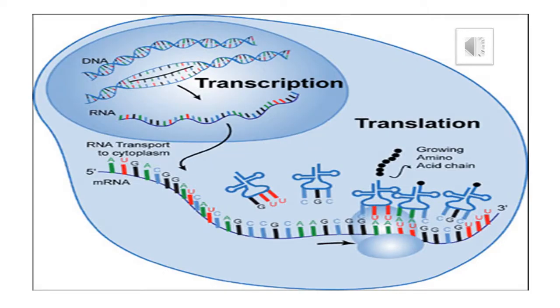Here we have a cell. It shows how the information flows from DNA into protein or traits. The DNA is located inside the nucleus, and it is so large it can't pass outside. So we need the information, or the message, from the DNA.